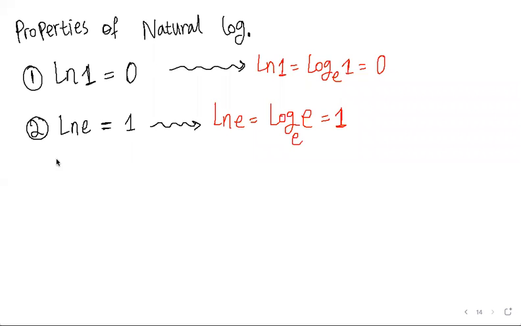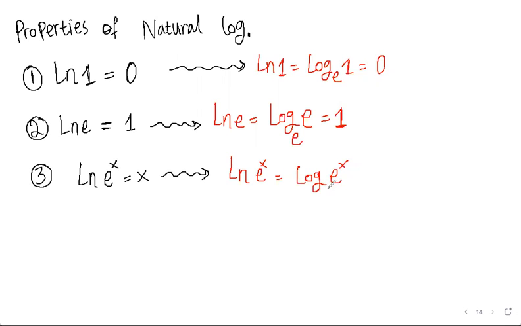Third one, ln of e to the x is equal to x. Why? Because ln of e to the x is equal to the logarithm of e to the x to the base e, and by using the logarithm property, this is equal to x. Fourth, e to the ln of x is equal to x. Why?